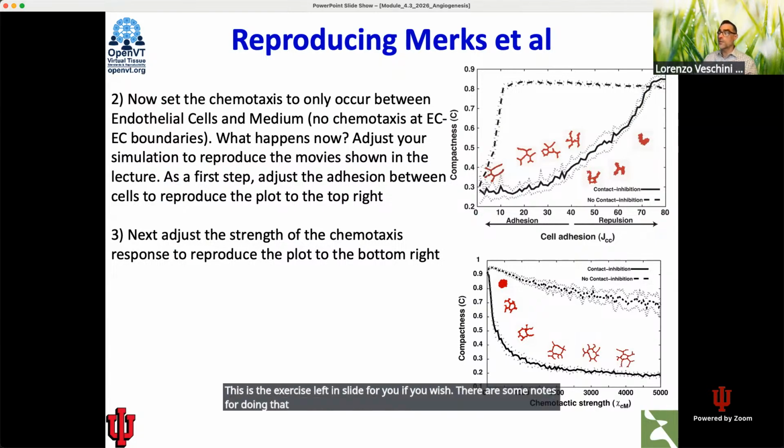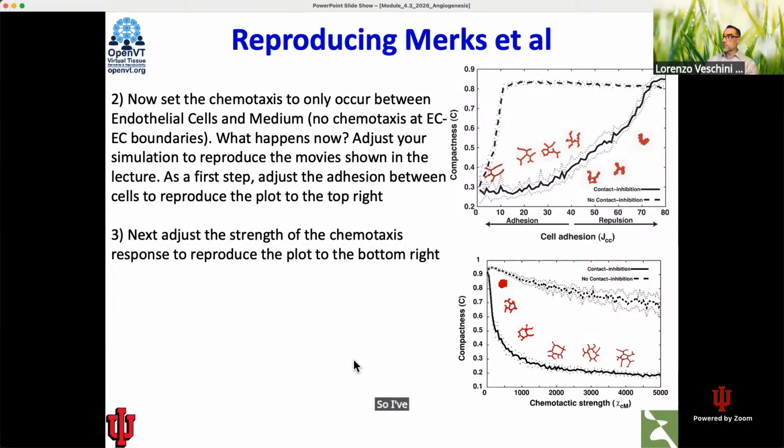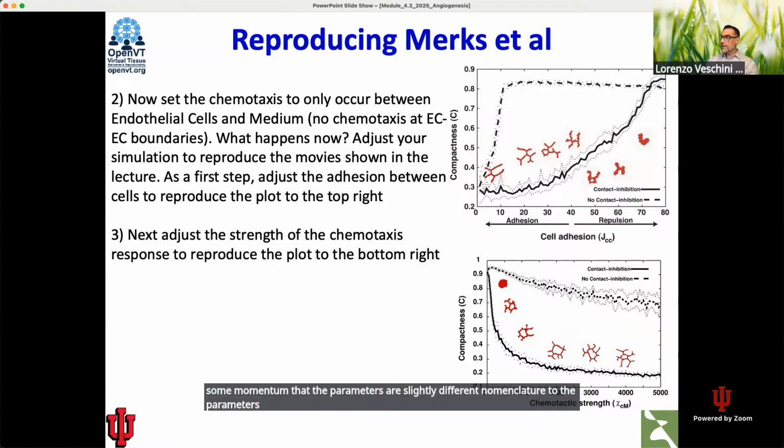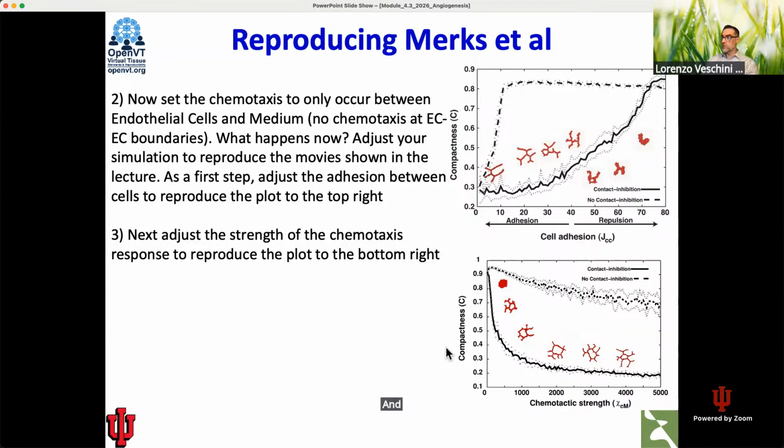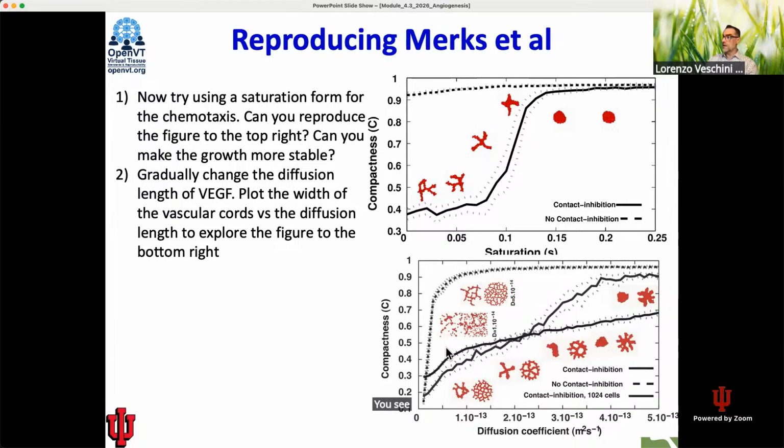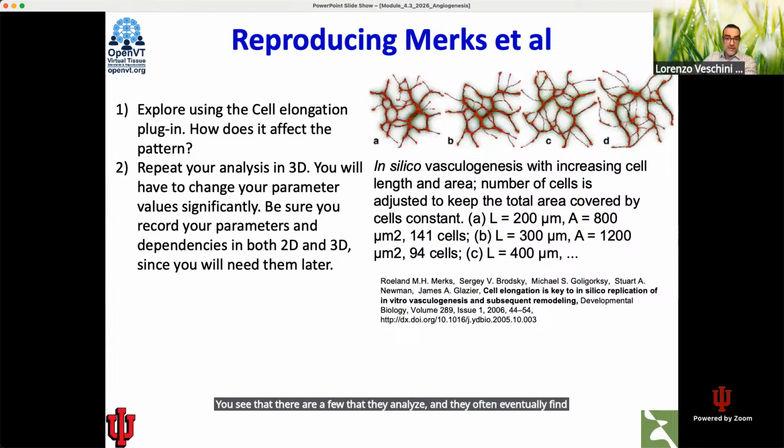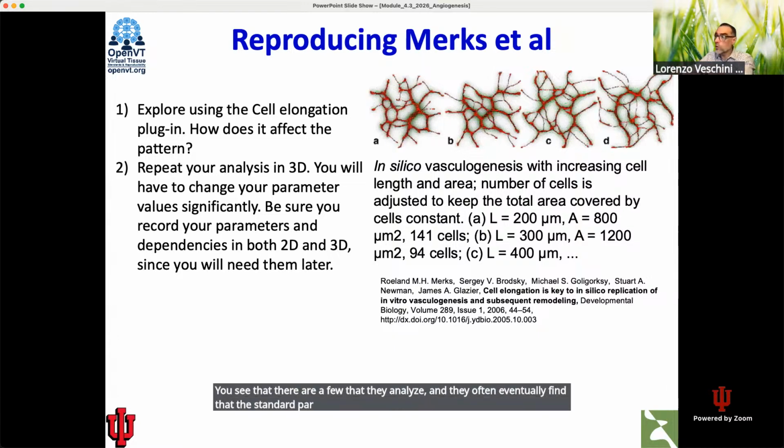Reproducing Merckx et al., the paper that I highlighted before. They show, with slightly different nomenclature of the parameters, a few that they analyze, and they eventually find that compound parameters might be more interesting to vary together.